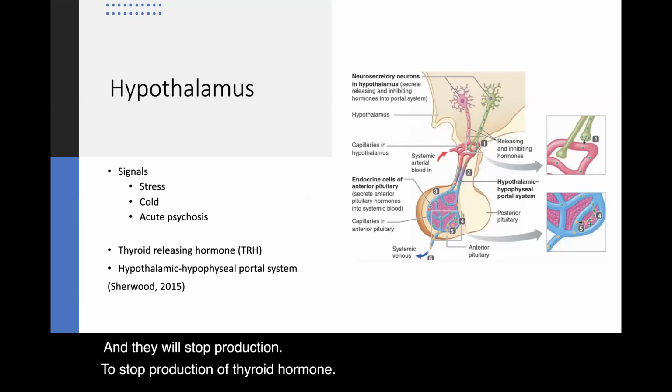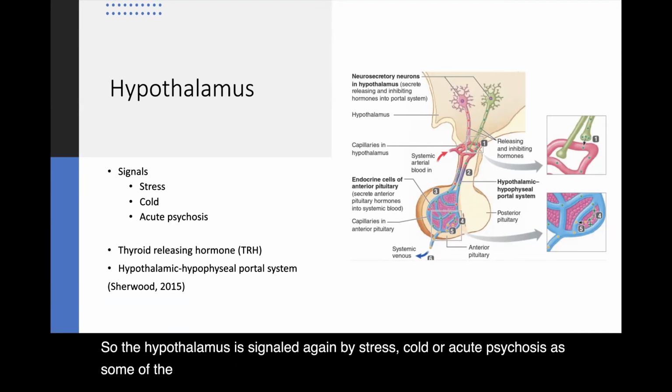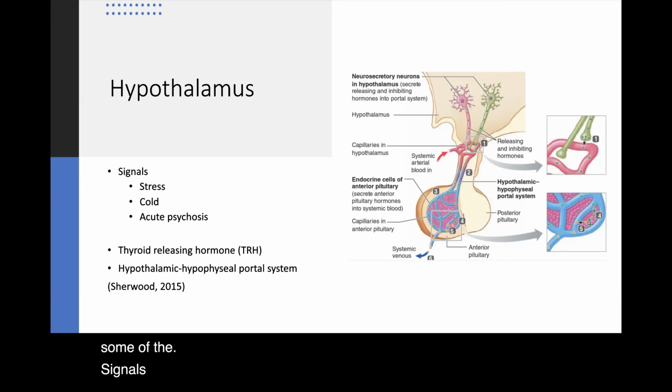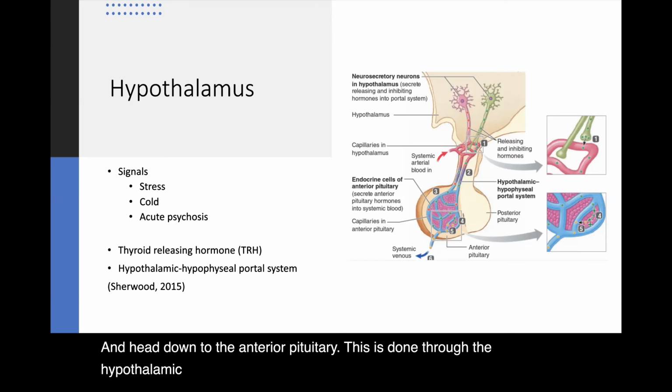So the hypothalamus is signaled again by stress, cold, or acute psychosis as some of the signals to release. Thyroid releasing hormone, TRH, will be released and head down to the anterior pituitary. This is done through the hypothalamic-hypophyseal portal system.